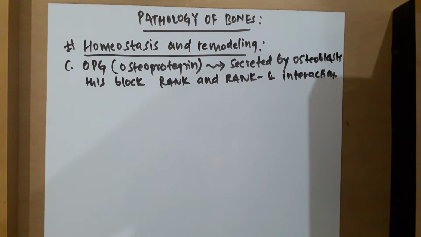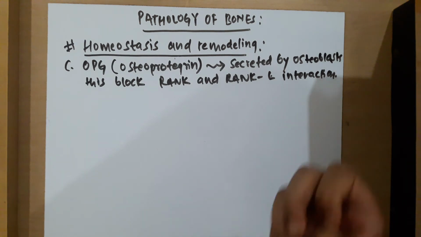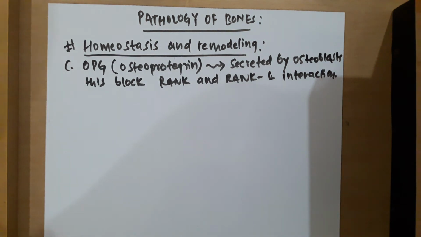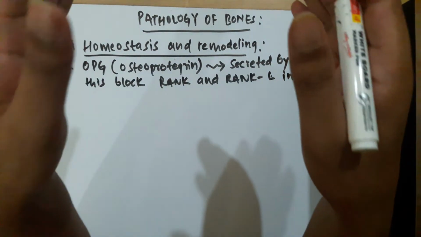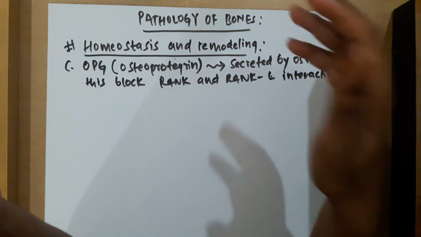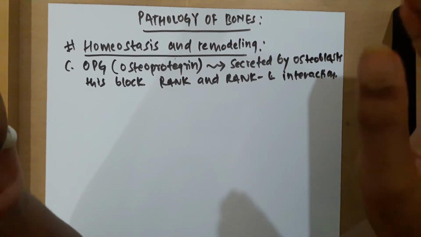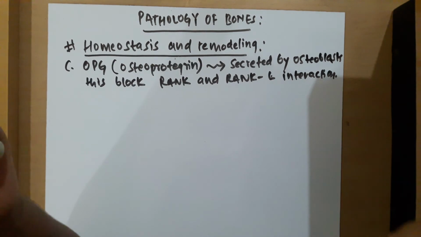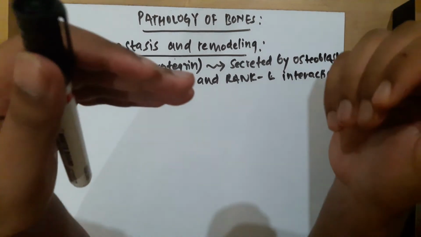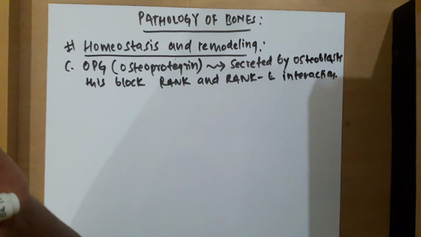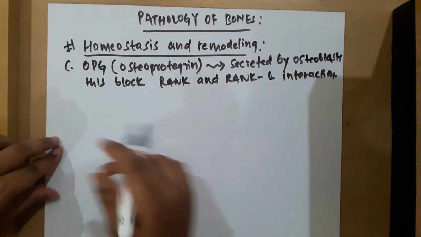Because RANK and RANK ligand interaction is necessary for the survival of the osteoclasts, because it activates the transcription of NF-κB, which is the precursor molecule for the osteoclasts. Okay, so let's write that, include that point.